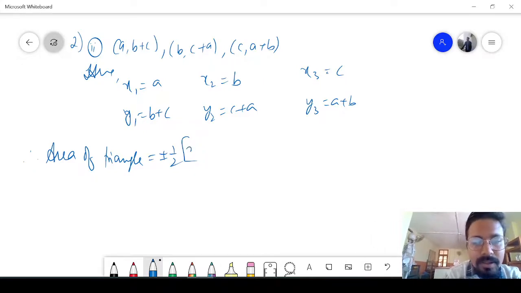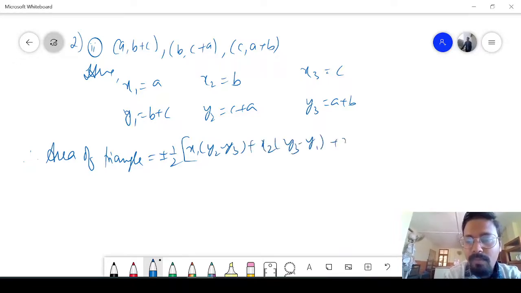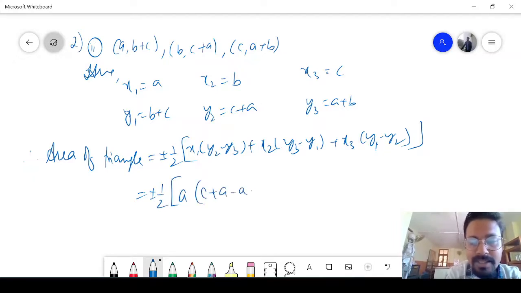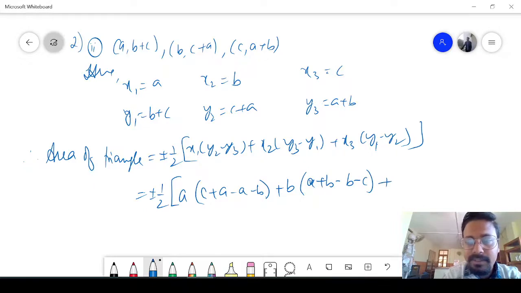the formula is this. Just put the values again, same as usual. A into (c plus a minus b). B into (a plus b minus c) plus c into (b plus c minus a).